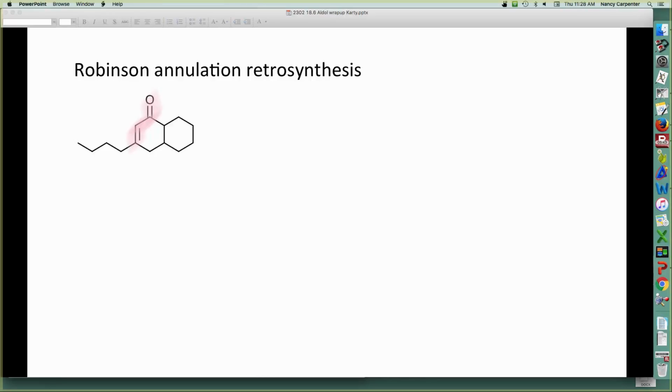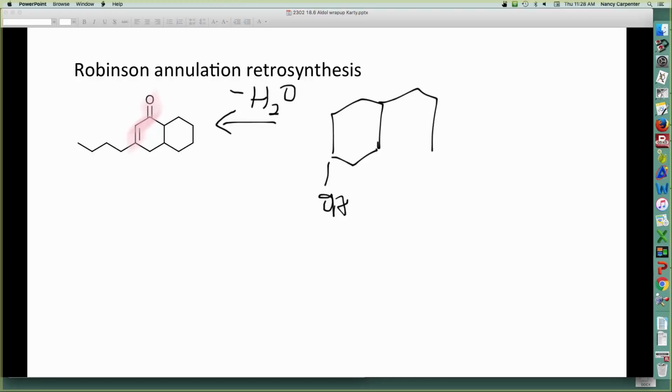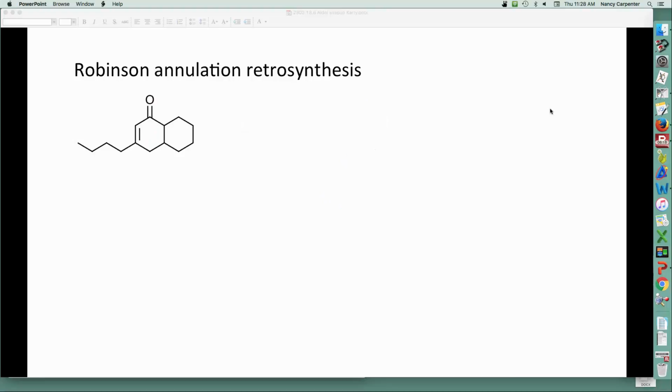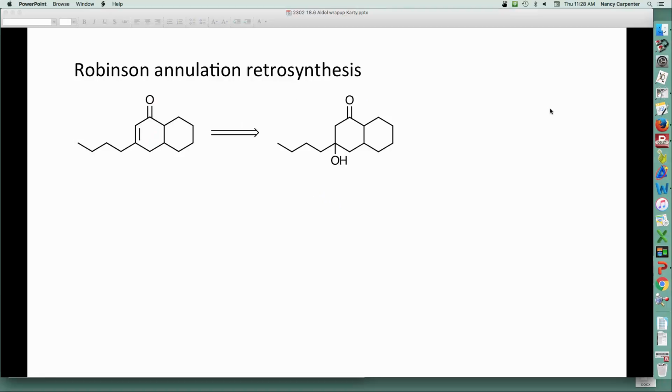So I should be thinking about how this guy came from the loss of water by some kind of aldol precursor. That looks like the aldol precursor to me, okay? Because I've got the 1,3 relationship between the hydroxyl group and the carbonyl. And sure enough, that makes sense. There's my aldol precursor.